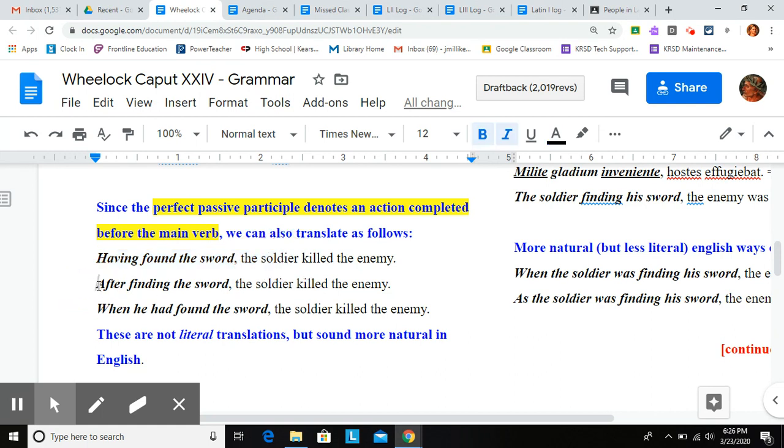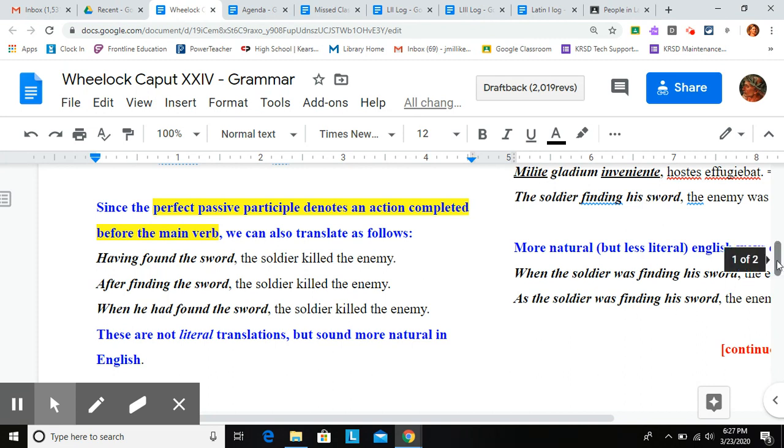Or since the finding happened first, we can say after finding the sword, the soldier killed the enemy. Or when he had found the sword, the soldier killed the enemy. All of those are expressing the same idea. Again, literally, they're not perfect passive participles, so they're not literally working the same way. But that's what it means.